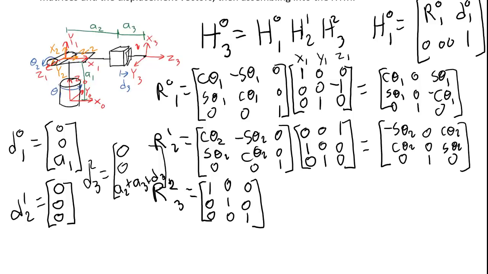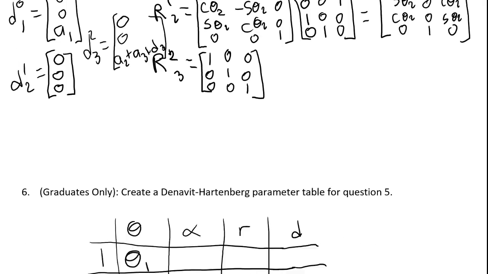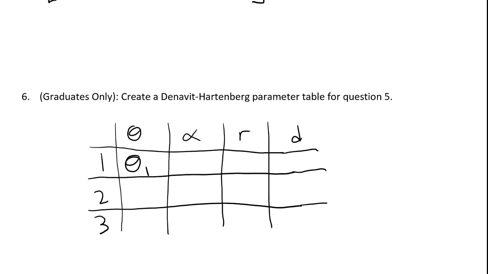I also have theta 2 as the joint variable rotating around z1. So here, theta for the second row is theta 2 plus 90.